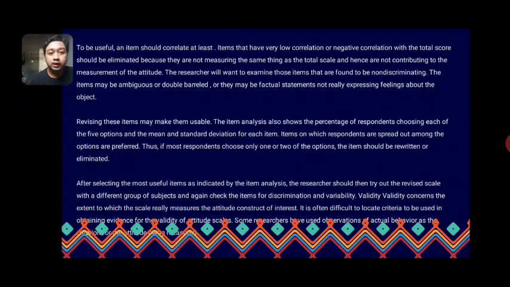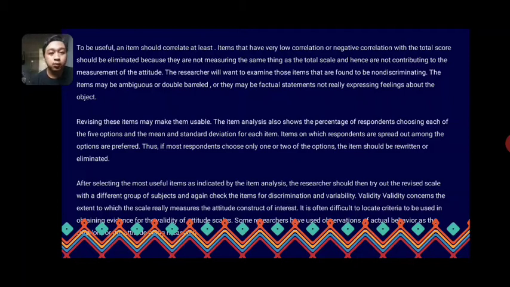To be useful, items must correlate with the total score. Items that have very low correlation or negative correlation with the total score should be eliminated because they are not measuring the same thing as the total scale and hence are not contributing to the measurement of the attitude.